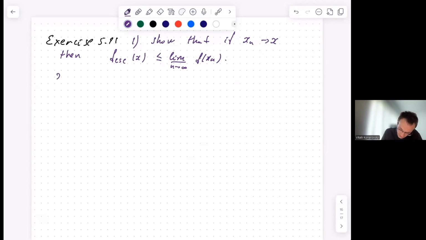The second part is to show that actually the supremum can be taken differently.